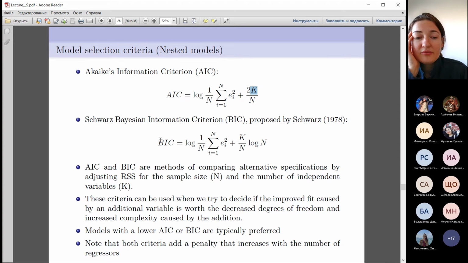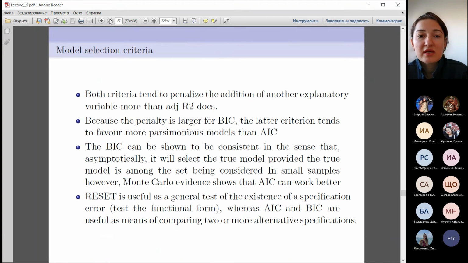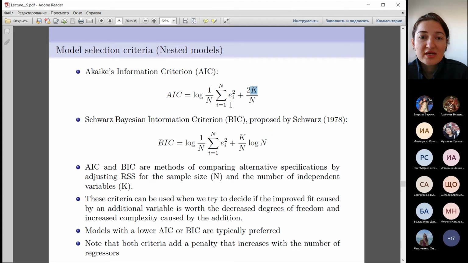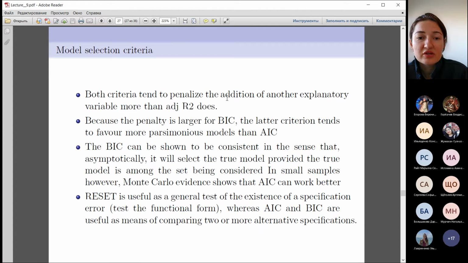And also, let's discuss some problems that could arise when you use such kind of criteria. Of course, both criteria tend to penalize the addition of another explanatory variable more than just adjusted R squared does, because you can find that the formula looks very different and they penalize the residual sum of squares more than ordinary adjusted R squared.